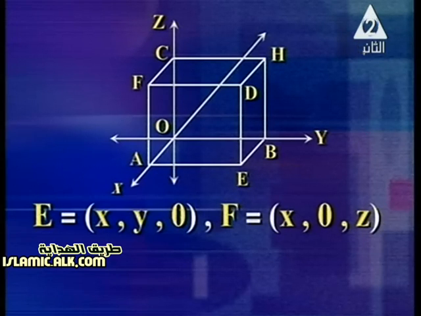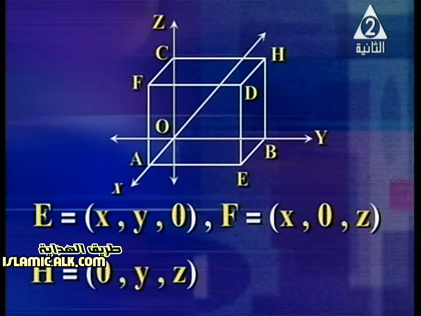The point F lies on the plane XZ. Then the coordinate of Y is 0. Point H lies between OY and OZ. Then the coordinate of X is 0. Then H equals 0, Y, Z.